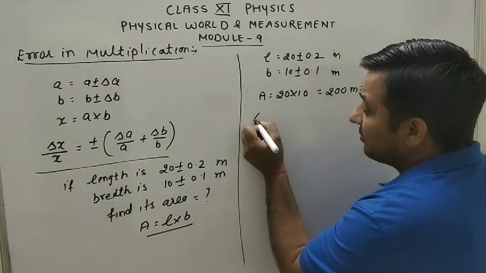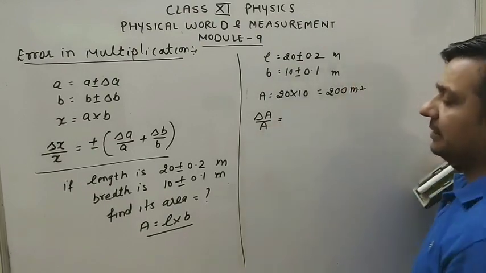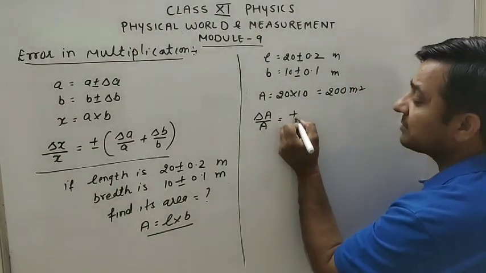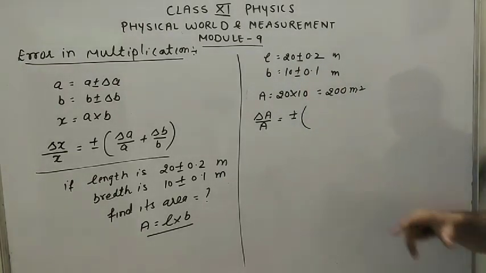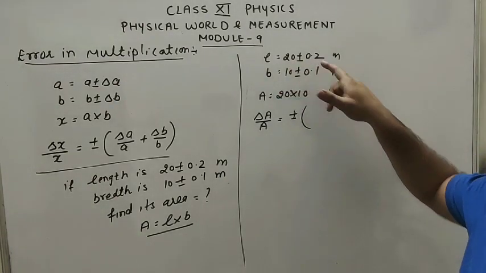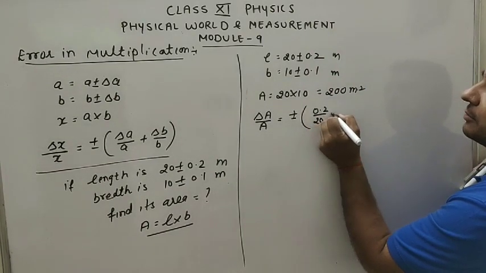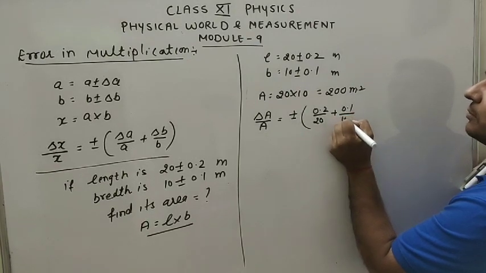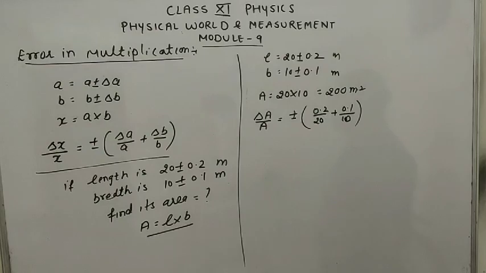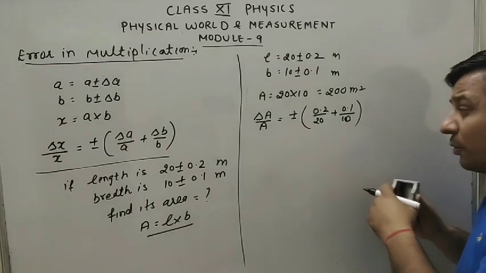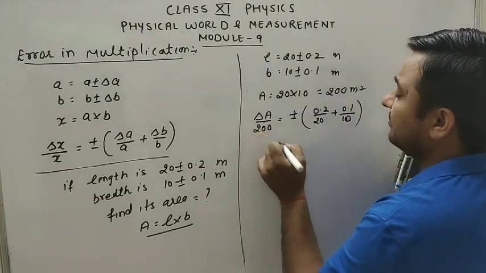Now the percentage error in delta A by A, and here you will write plus minus delta L by L, you know this is L, this is delta L. So 0.2 by 20 plus 0.1 by 10. Yes, that's very simple. So in place of A, what will you write? This is the simple area 200.